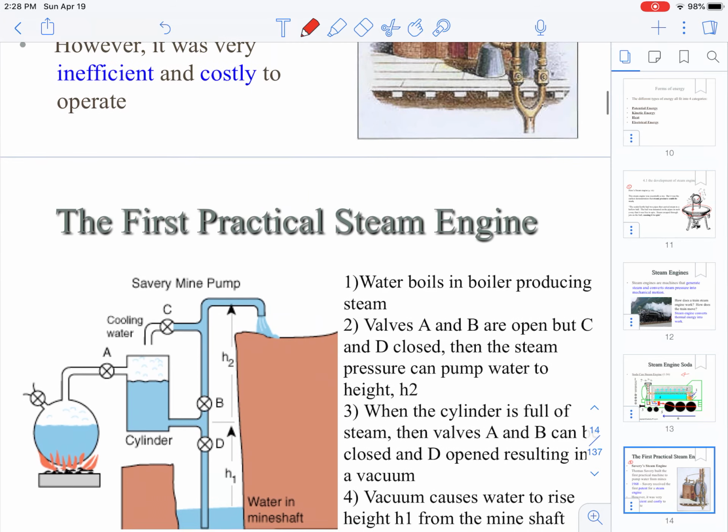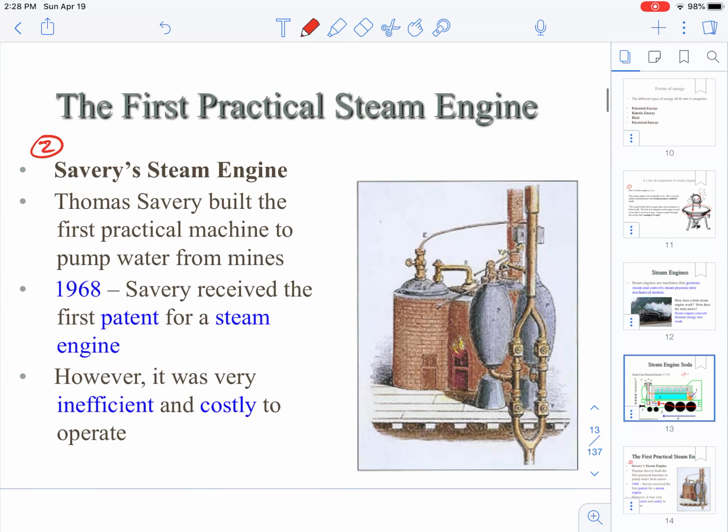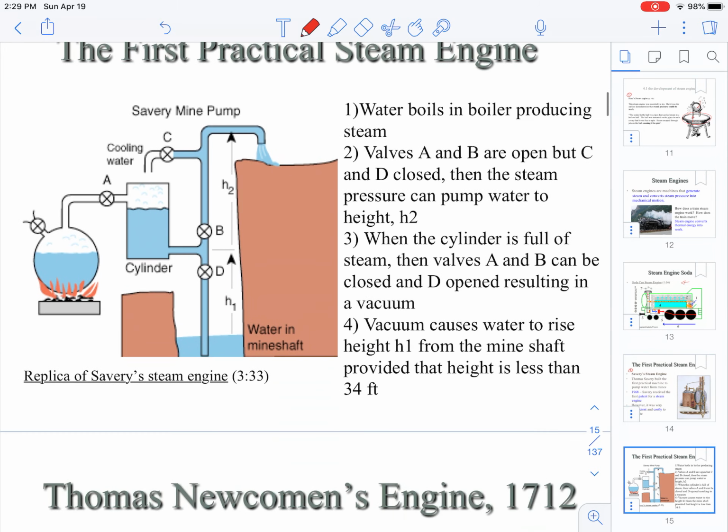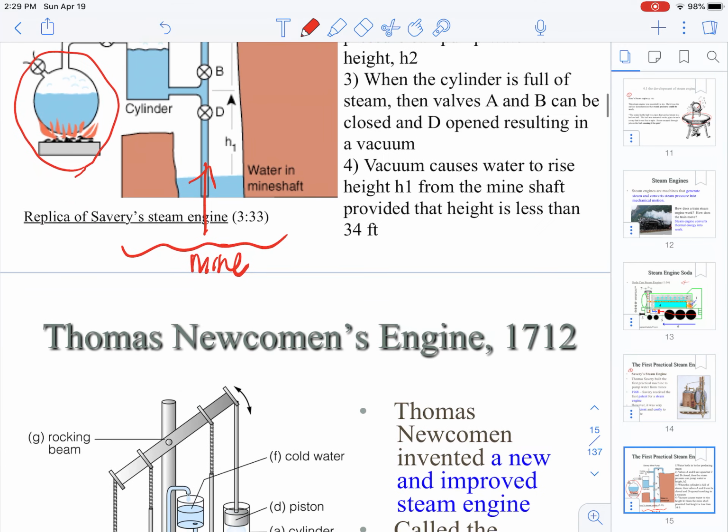It was fairly costly, but the mine had water down here. By heating up this water here, it was able to create basically a vacuum that would then pull water up out of the mine. And it was a big improvement of the time.